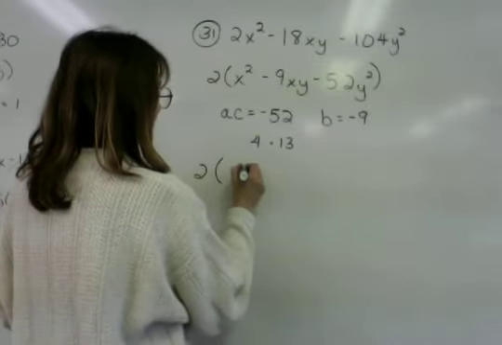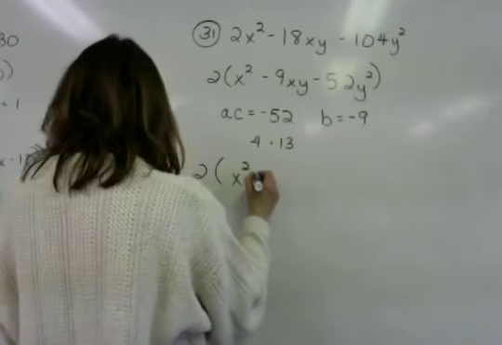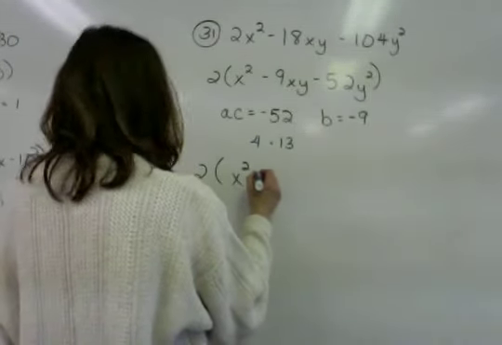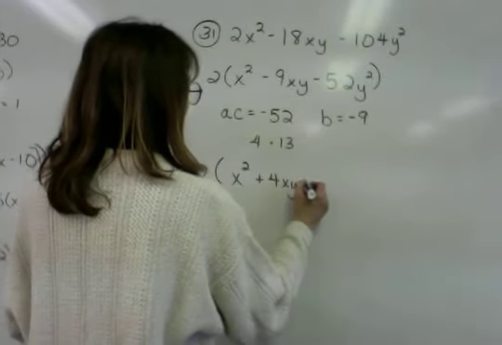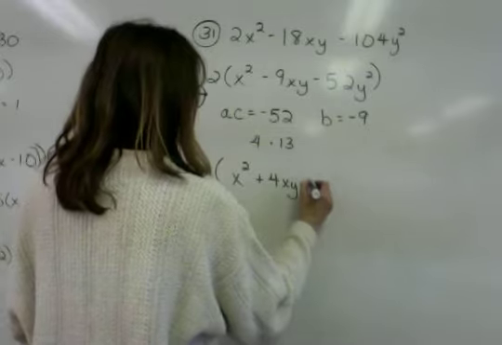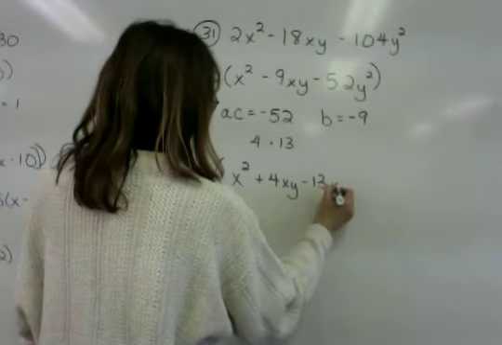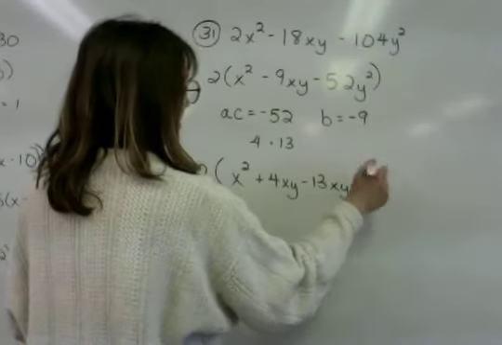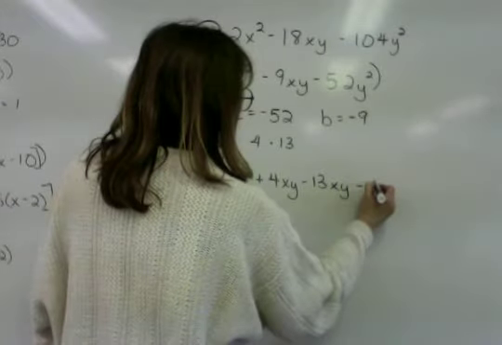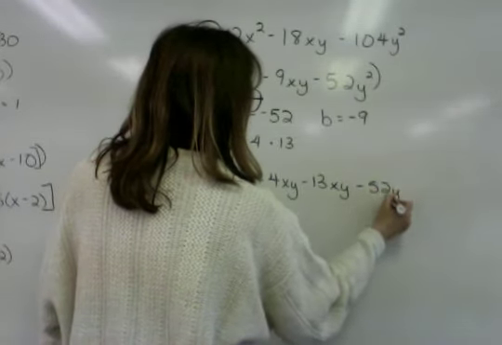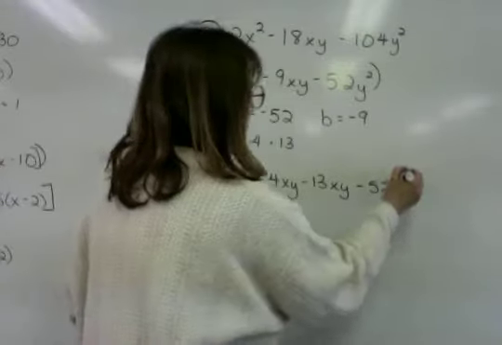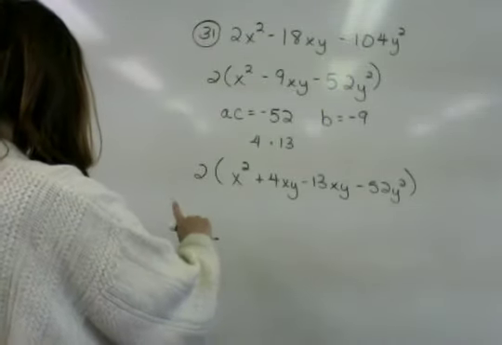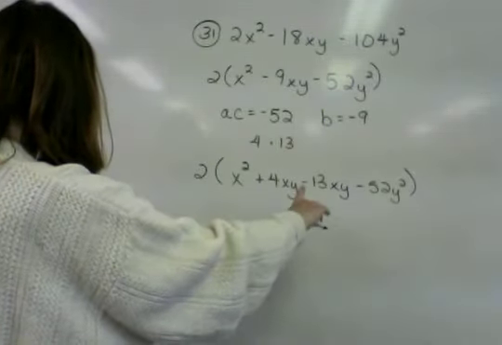I have x squared plus 4xy, and then I have the negative 13xy. And then finally, I have negative 52y squared. So we've got all that written out. I'm just checking my book to make sure I have that all written.